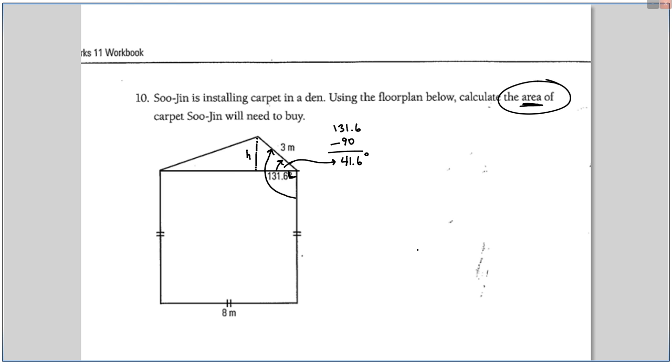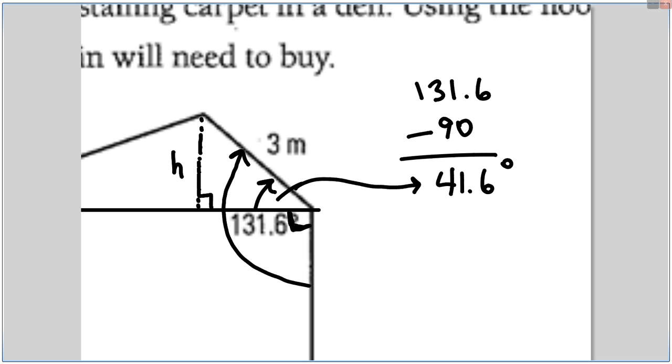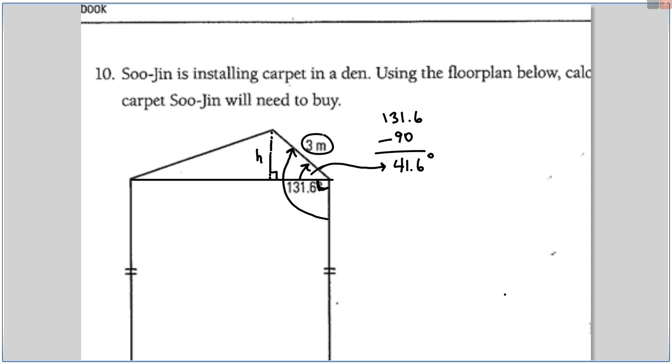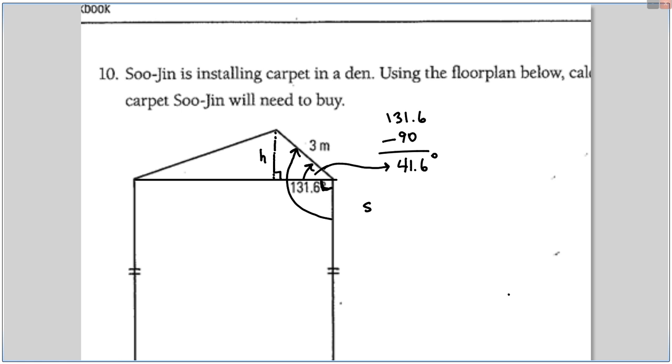All right, so focus in on this triangle here. H is op, and we have a hypotenuse of 3. So I've got to use sine. Sine 41.6 over 1 equals op over 3.